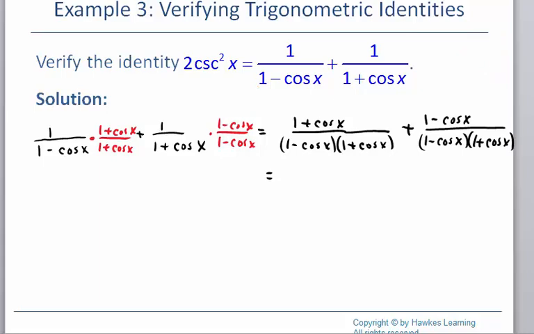So now that our two fractions have the same denominator, we can write them as one fraction. I'm going to have 1 plus cosine x plus 1 minus cosine x all over the new denominator.